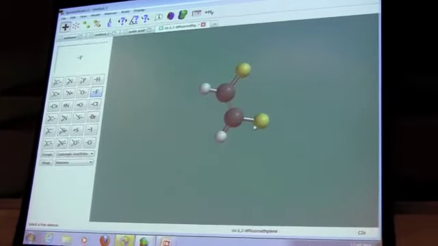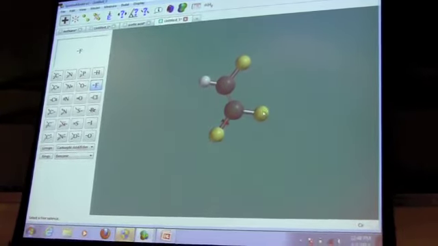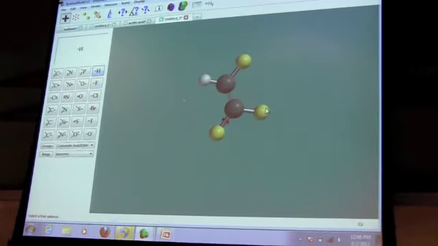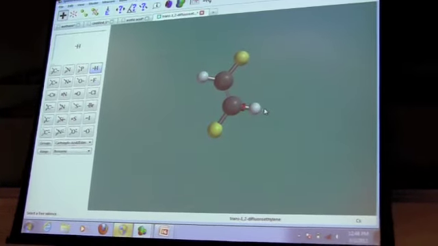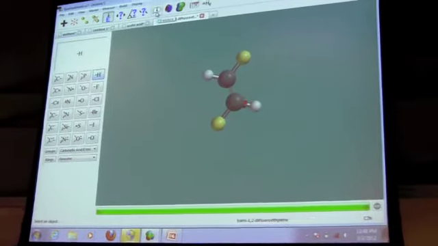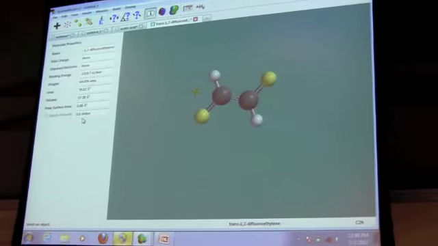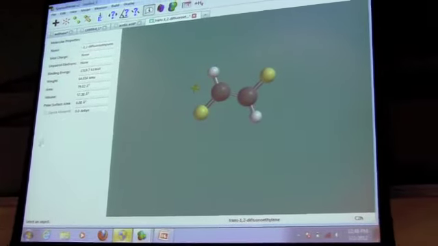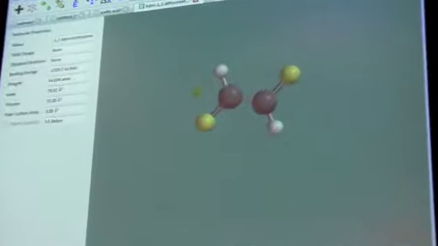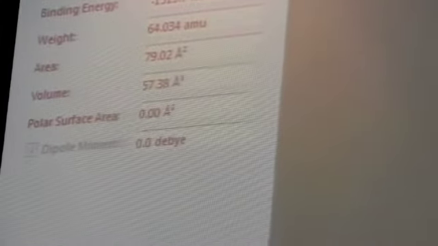Of this one? Okay, now I'm going to change here by hydrogen. Is this polar? I don't know. Let's see. Is this polar? No. Wow. And it says over there, polar surface area 0. And this is the trans, right?